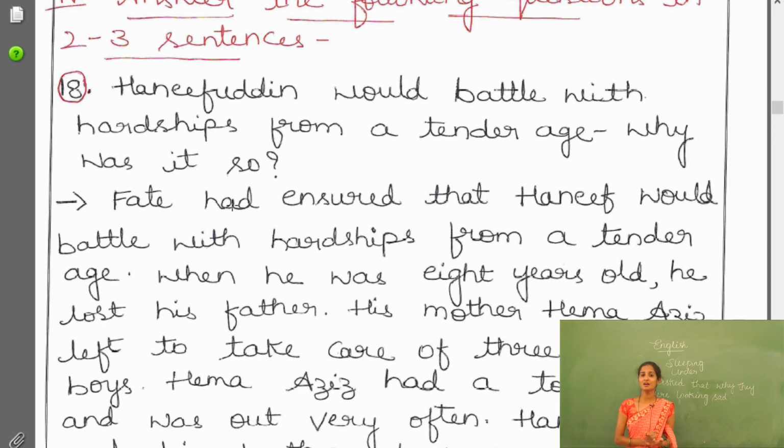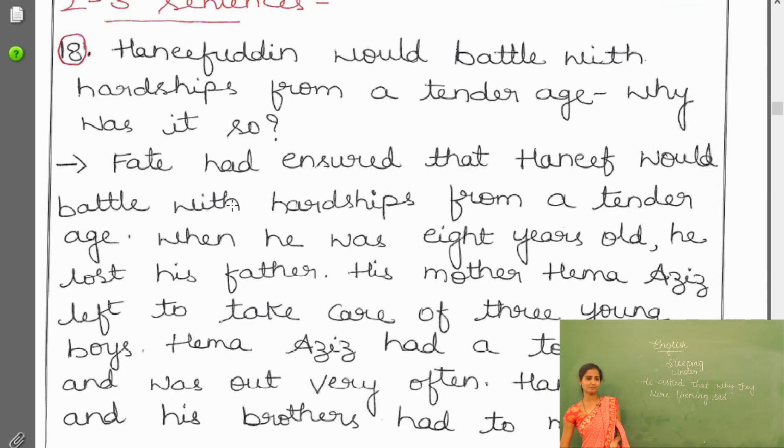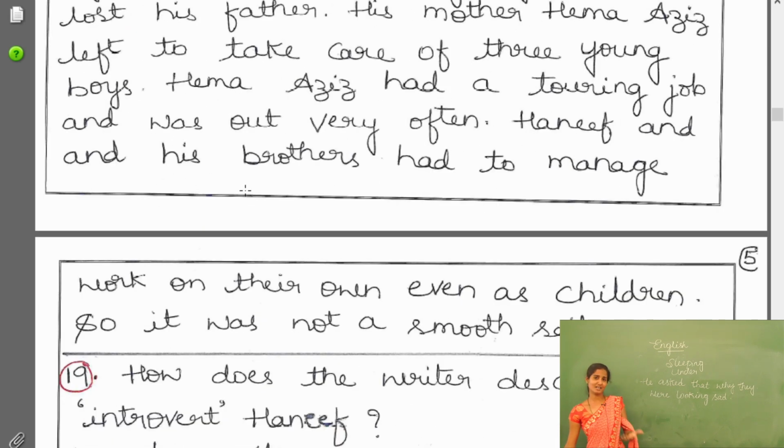At that time, his mother Hema Aziz had a touring job and she was also out very often. She had to earn for her family, and the brothers became very responsible, managing their work themselves. And in this way, we can say that Hanif's early life was not at all a smooth sail. There you have to use only 2 main sentences.